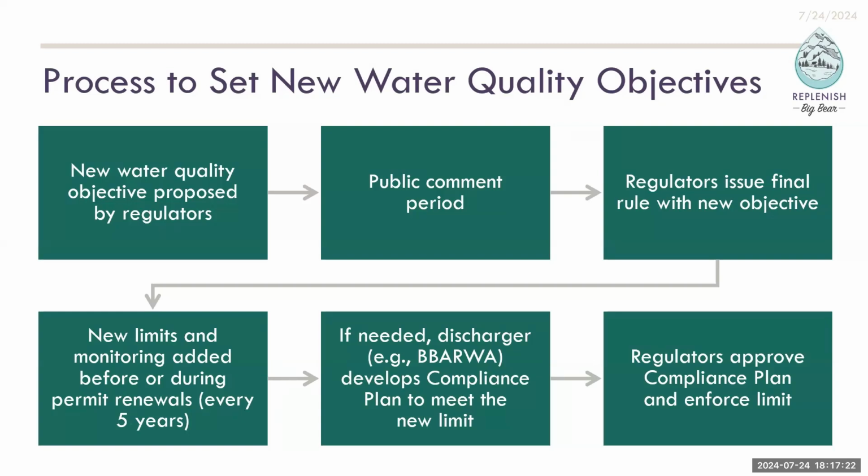And so we're much better off than other agencies that might have to go through this whole process anyway. Absolutely, most plants in the state are treated as secondary or tertiary, and those levels of treatment would not be capable of removing things like PFAS. So by implementing Replenish Barstow, you really do get a lot more regulatory certainty into the future than if you were to stay with your existing process.